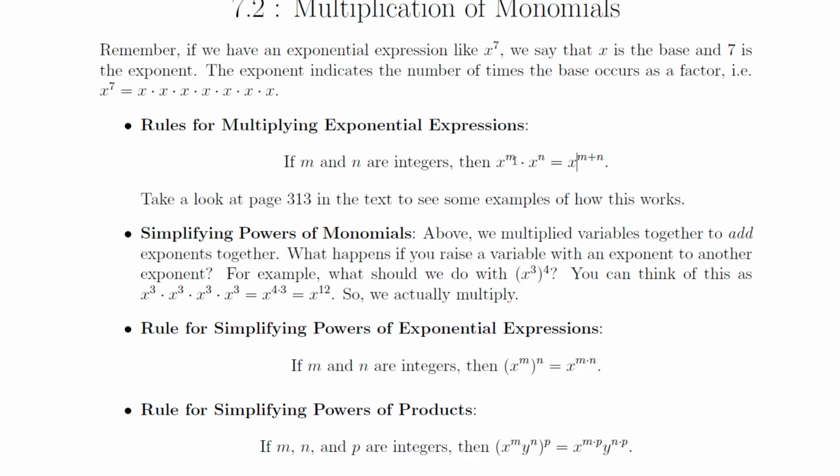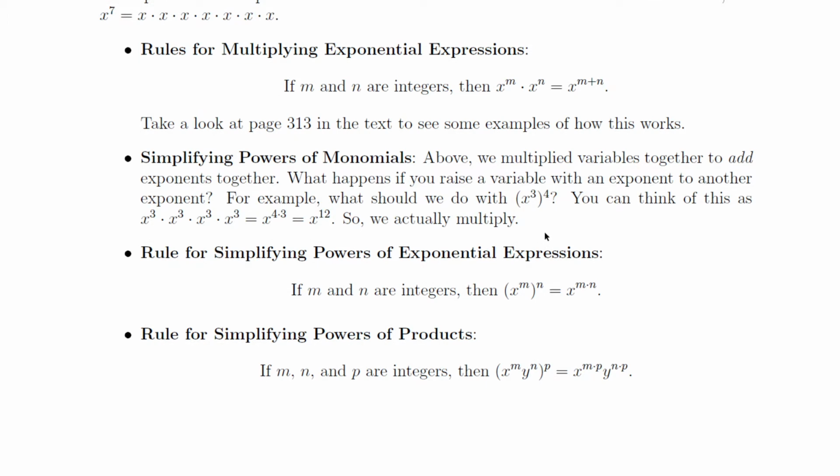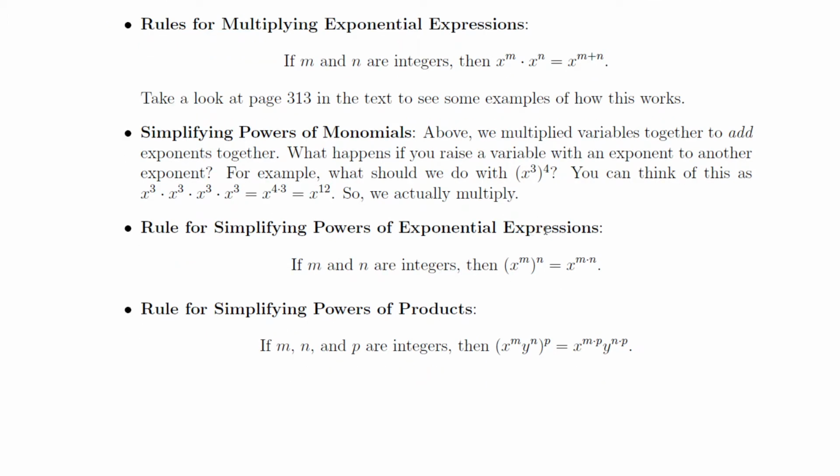I'm not multiplying, I'm adding the exponents. There's a page 313 in the textbook with tons of examples for how that works. I really encourage you to check that out. So when we're simplifying products of powers of monomials, we add the exponents together.